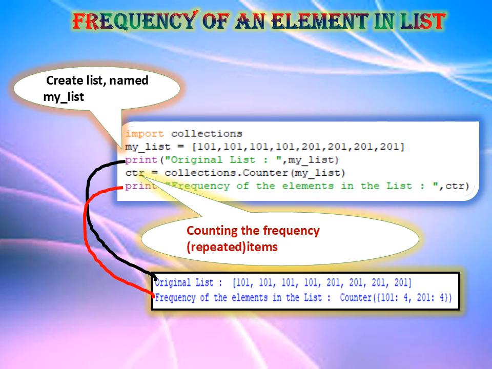See here, 101 appears 4 times in my list, and 201 also appears 4 times. So it is displayed. This is done by the Counter function, which is in the collections library. That's why we are importing collections.